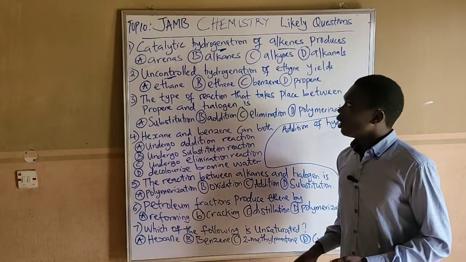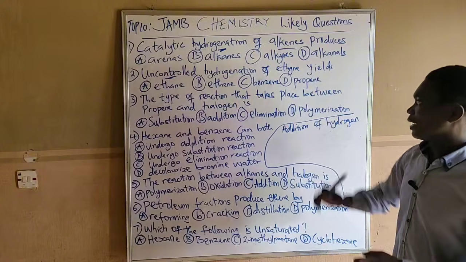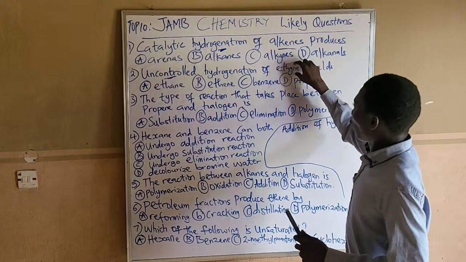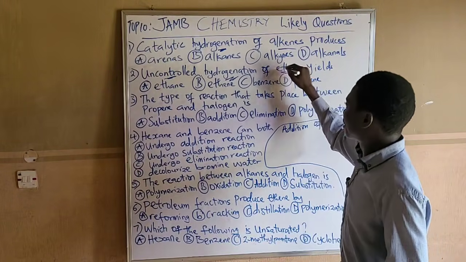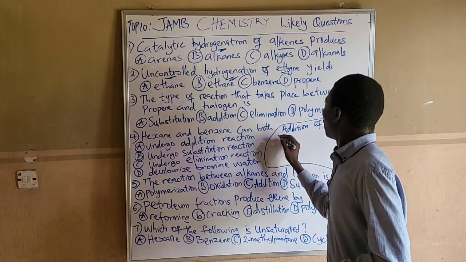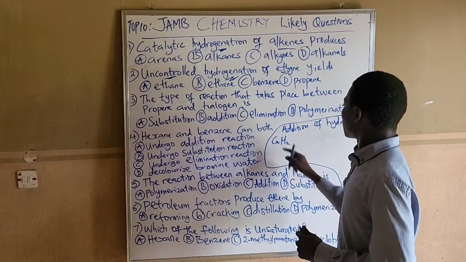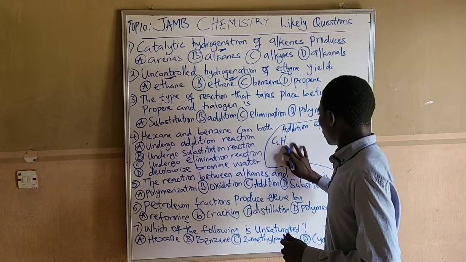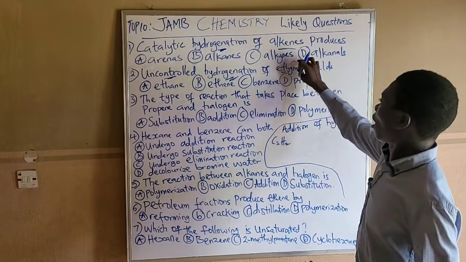But mind you, if they don't tell you this in a question, I will explain that. Let's look at this first. We are hydrogenating ethyne. What is the formula of ethyne? Ethyne is C2H2.